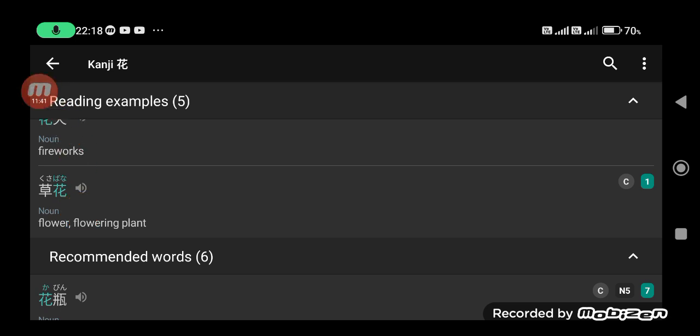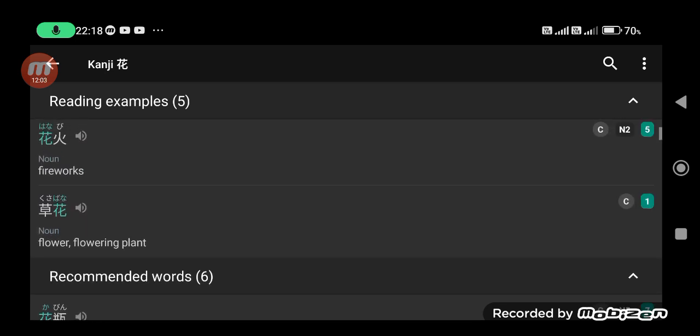Kusabana. What's this? 草花, kusabana, flowering plant. Actually, minasan, this kanji here, kusa, means grass. Kusabana, a flowering plant, probably a plant based on a family of grass, but bearing a flower.